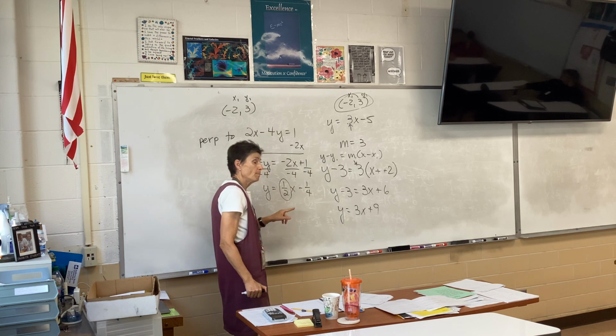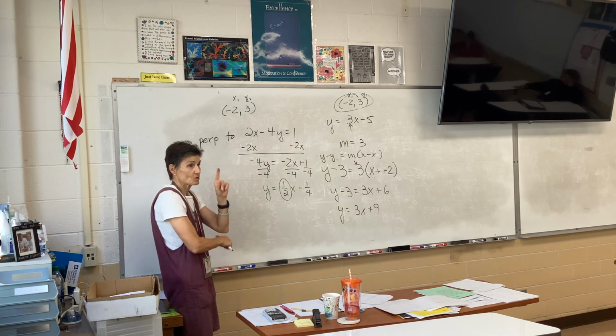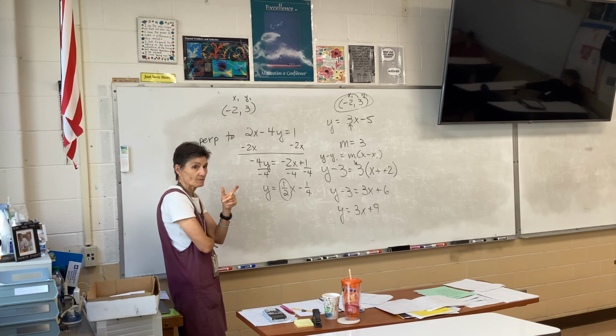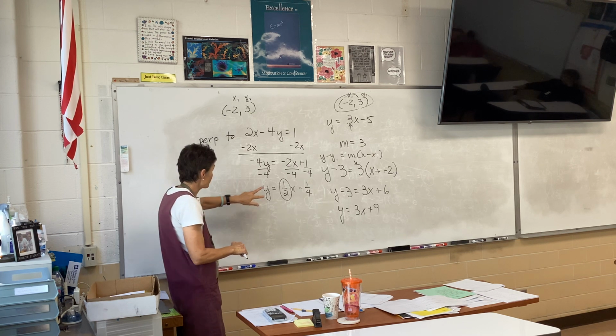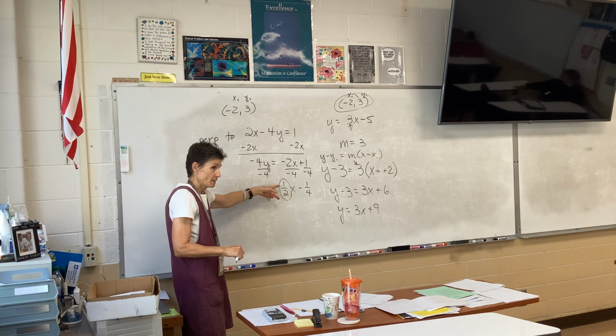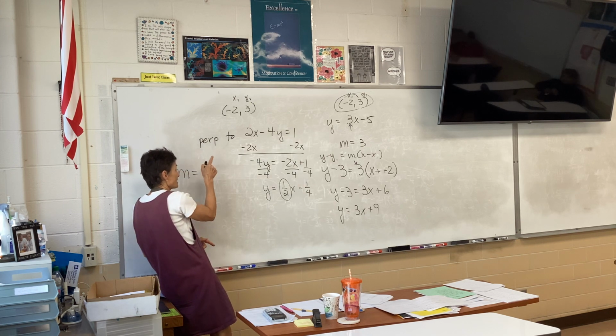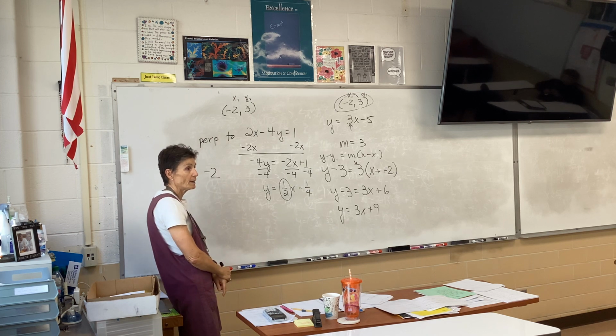Same slope. But we're doing perpendicular, so what does that mean? I have to do the opposite reciprocal. So turn it over and change its sign, make it negative. So what slope am I using for this problem? Negative 2. Negative 2 over 1 or negative 2.